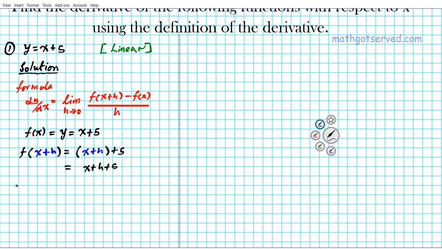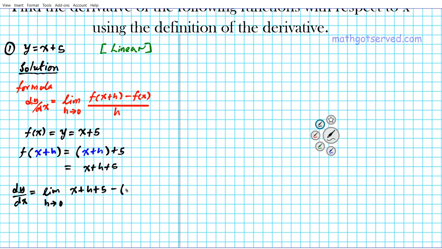So dy/dx, the derivative of y with respect to x, is the limit. We're now going to apply the two results we got, f of x and f of x plus h, to this formula. Okay, so f of x plus h is x plus h plus 5 minus f of x. f of x is x plus 5, so it's a linear binomial.